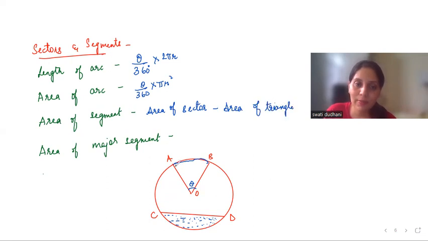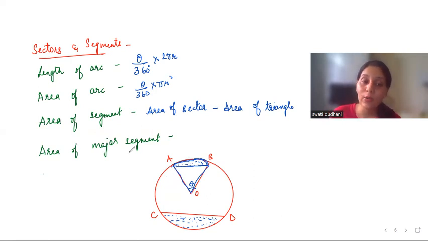So suppose, let me take up this one. Let me consider this blue one as the segment, okay? This portion I want to find. So how do I find this portion? Area of sector, which is AOB, the whole part, AOB sector, minus area of triangle. Area of triangle is this portion. So if I subtract sector minus triangle, I'm going to get the segment.